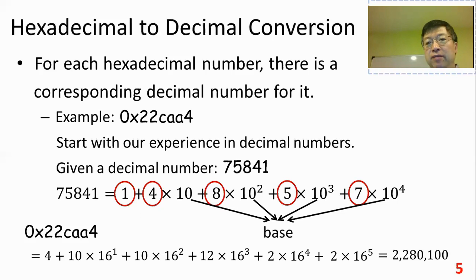The last thing, before I finish this video, the last thing I want to tell you is why people like to use hexadecimal number to represent addresses. So one reason. First, binary number, we know computer systems use binary numbers internally, right?